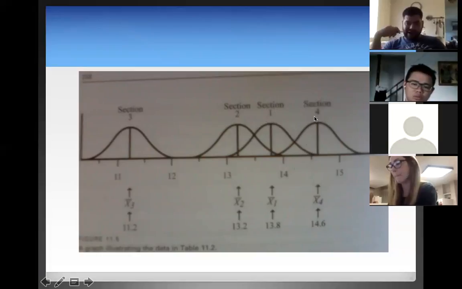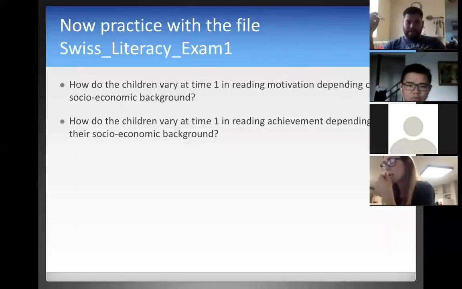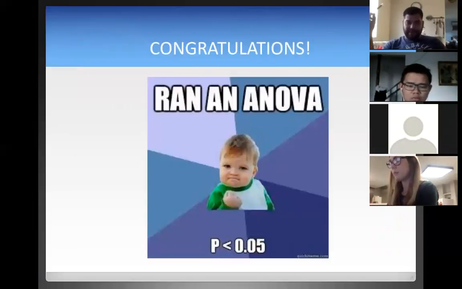We compare 1 and 4, 1 and 2, 1 and 3. And then we compare 2 and 4, 2 and 3, and we compare 3 and 4. So we do those pairwise tests, which also are called the post hoc tests, right?